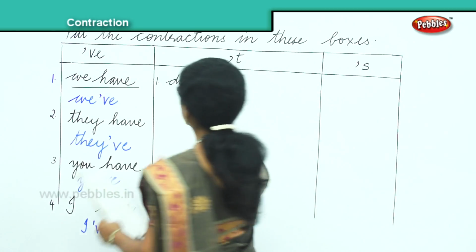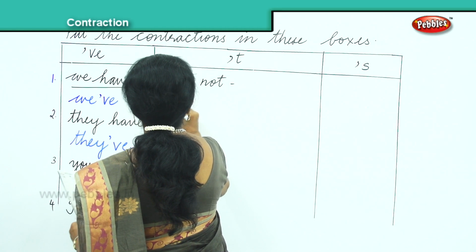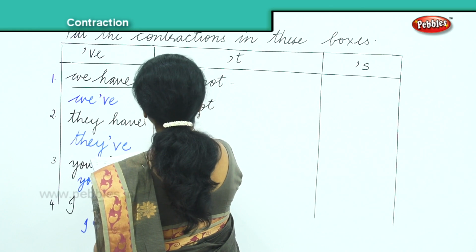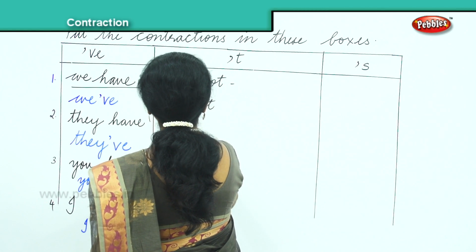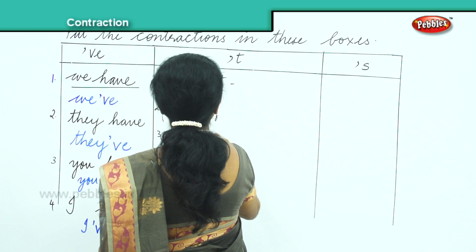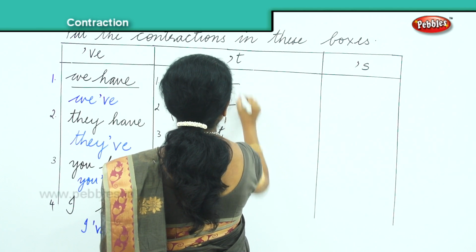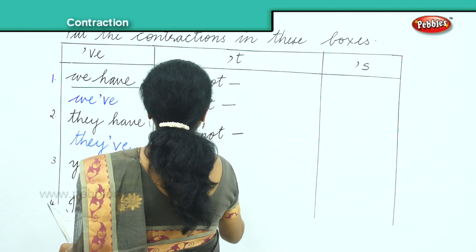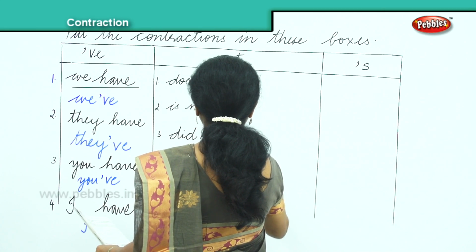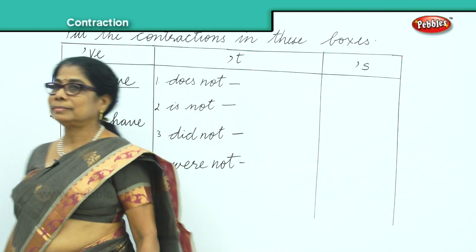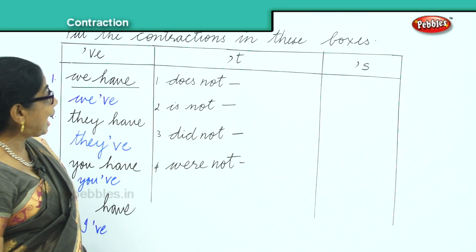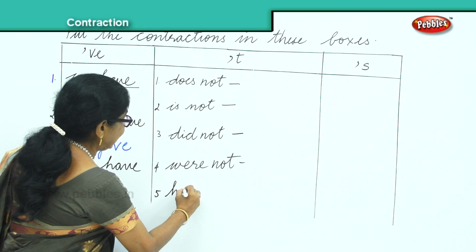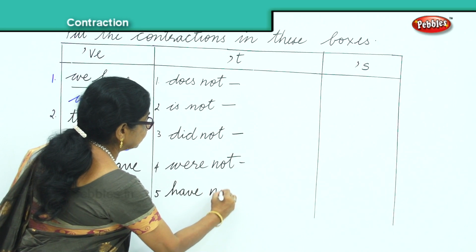Does not, then you can say is not, then did not, were not, you can also say have not.